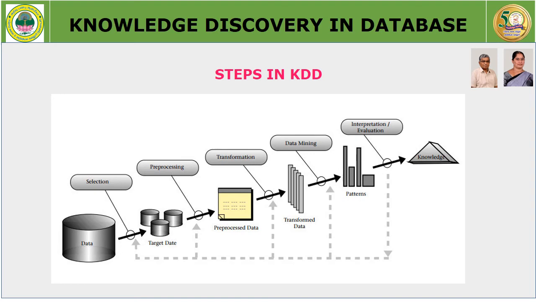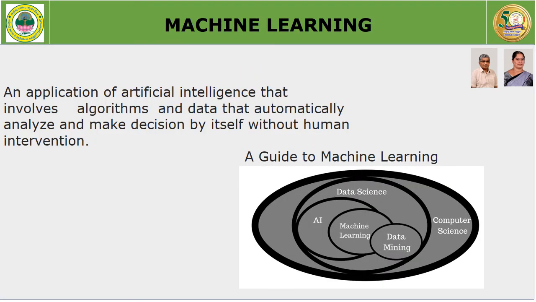Let us see machine learning in detail. Machine learning is an application of artificial intelligence that involves algorithms and data that automatically analyze and make decisions by itself without human intervention. It describes how computers perform tasks on their own by previous experiences.